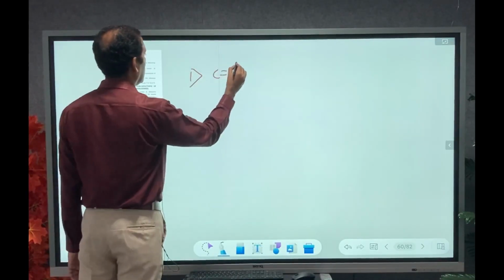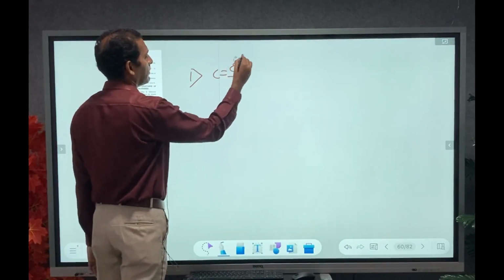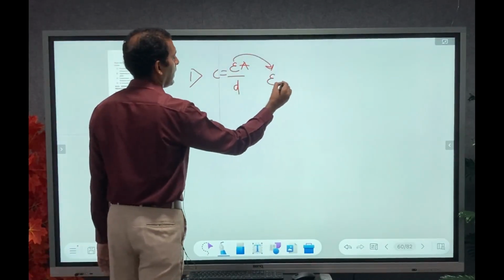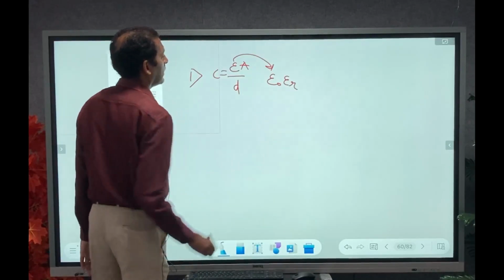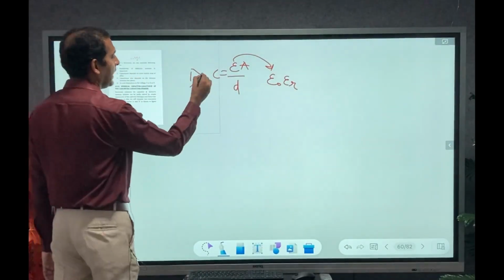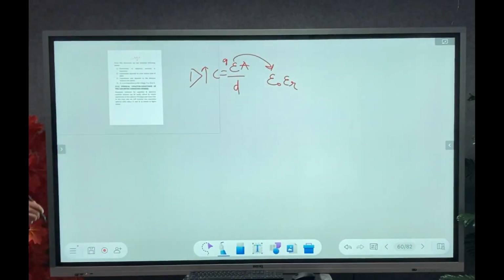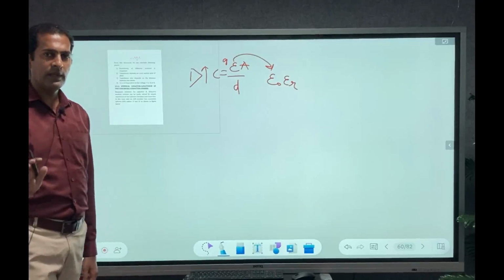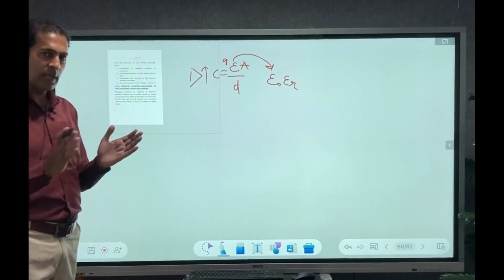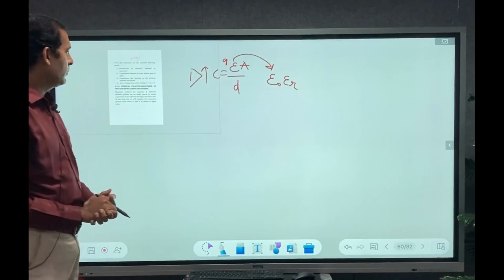C is equal to epsilon A by D. This epsilon can have the value of epsilon naught, epsilon R. That is the permittivity of the medium. It is directly related with the permittivity. So permittivity of the dielectric material is very important. How easily it allows the flow is of course very important.